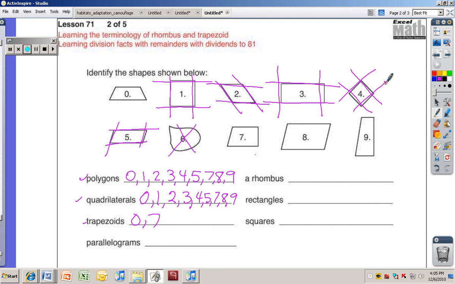Oh, did I miss number 9 on the trapezoid? Oh yeah, number 9 is a trapezoid as well. 2 parallel, 2 not parallel. Okay, number 8, parallel, parallel, and that's it. So we have 1, 2, 3, 4, 5, and 8. They're all parallelograms.